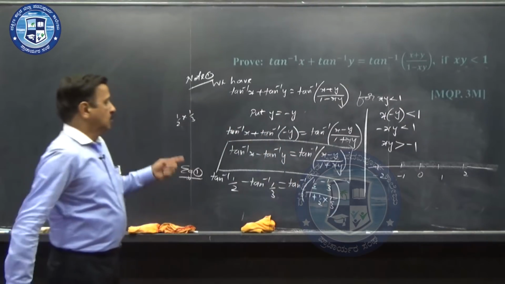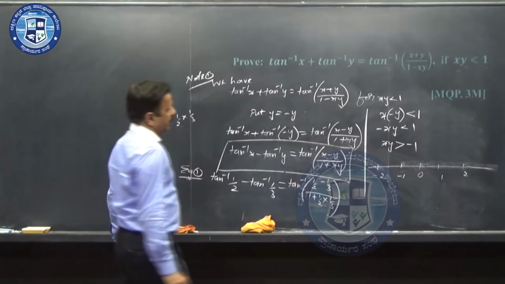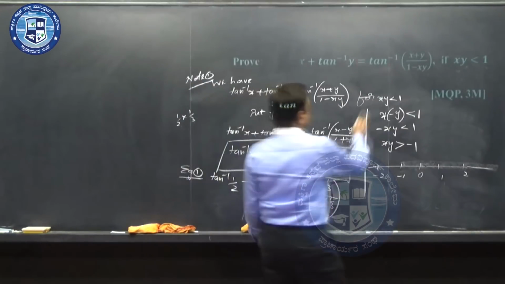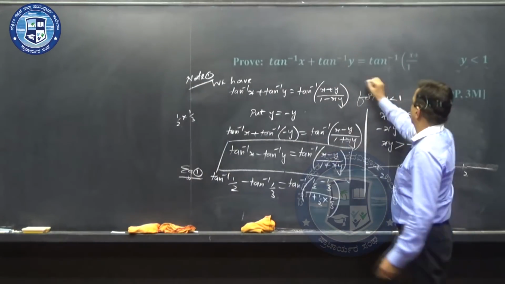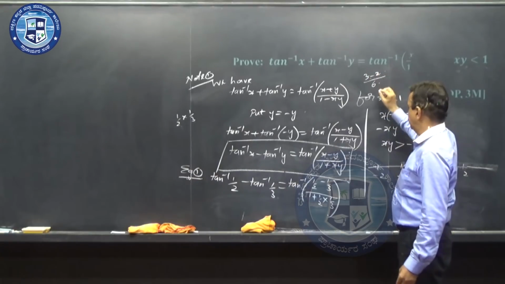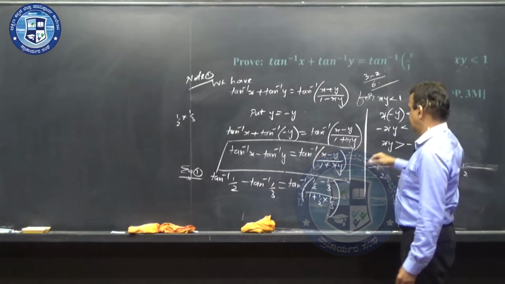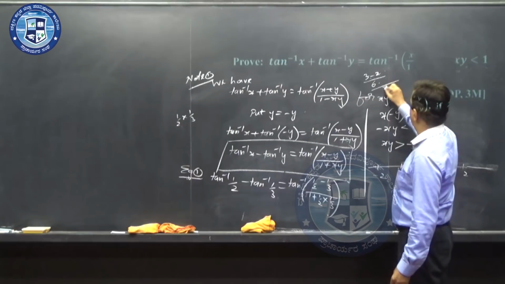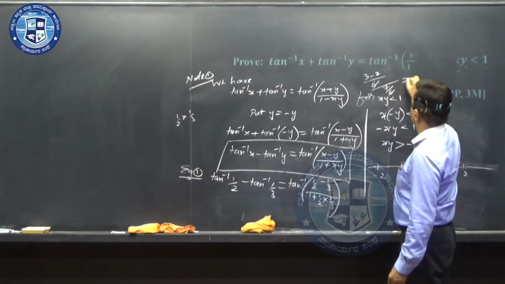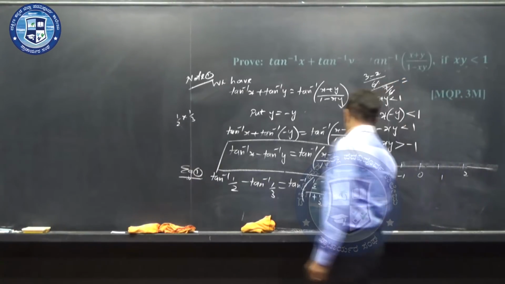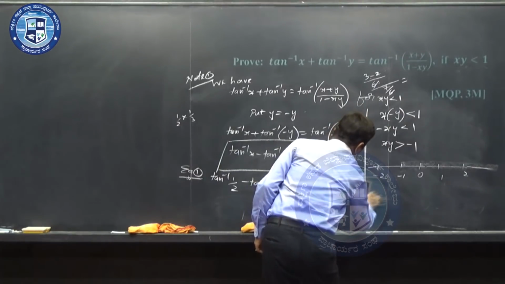So, tan inverse of 1 by 2 minus 1 by 3, you find that 6 is the common denominator here. This will be 3, this will be 2 and here it will be 6. 6 plus 1 is 7 divided by 6, 6 cancels. You find that this will be 1 by 7, that is equal to tan inverse of 1 by 7.